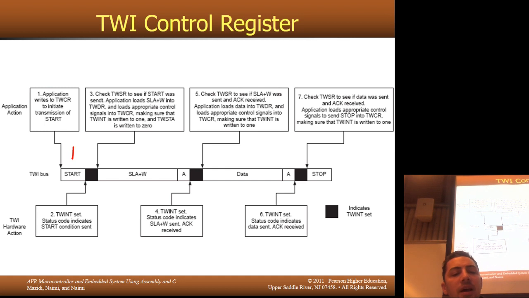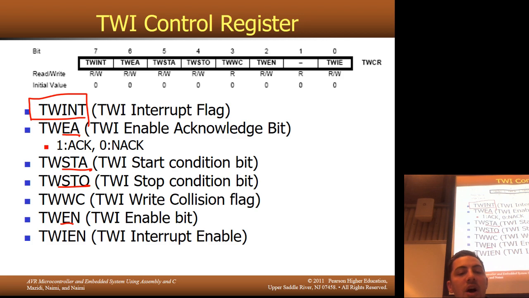First thing we do is a start condition. To make a start condition, you write to the control register. You say, I want to create a start condition by not only turning on the start bit, but also a few other bits. And we'll get to what those bits are.